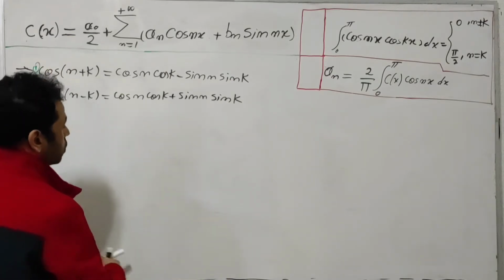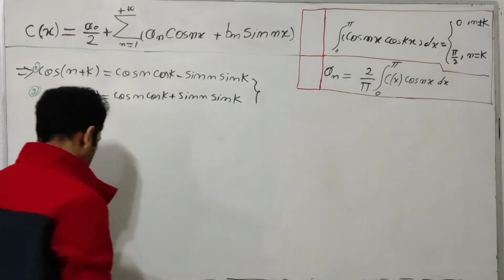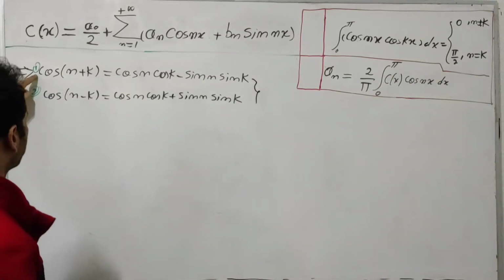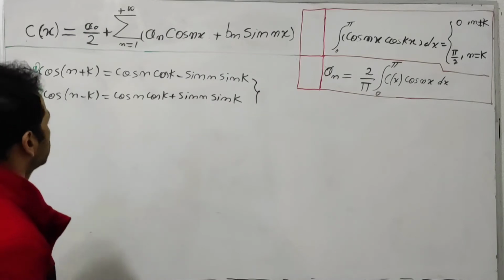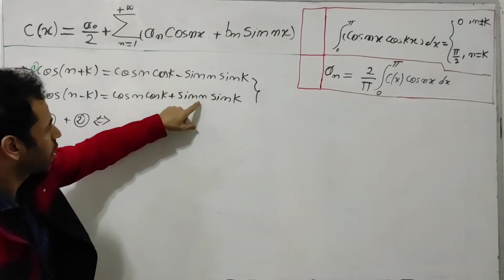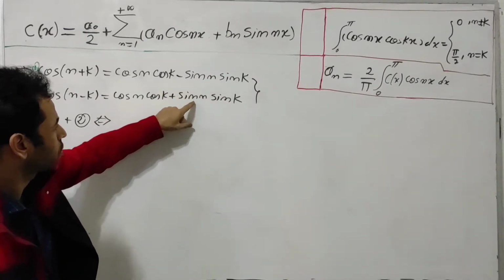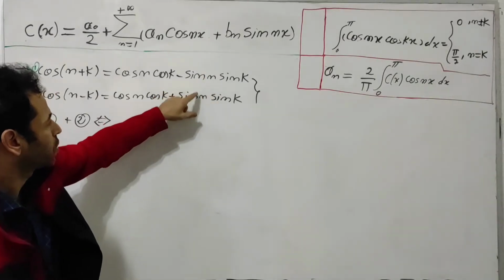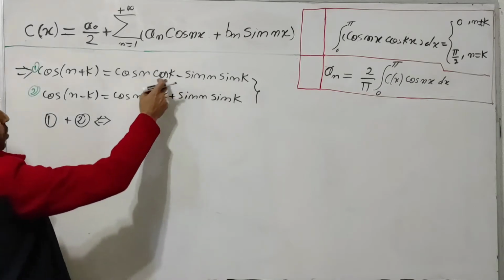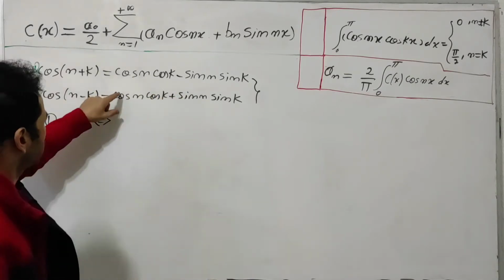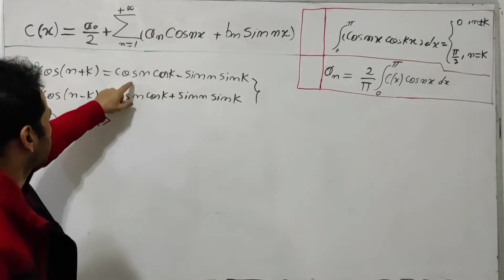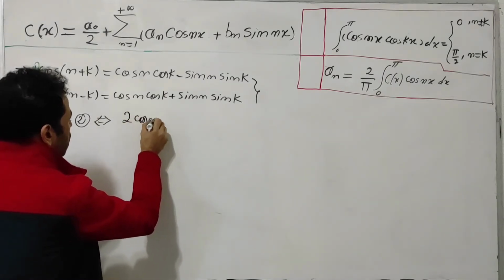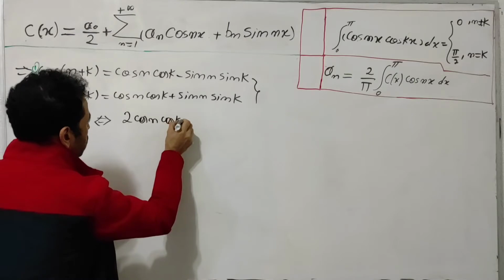So now I'm just going to add equation number 1 to equation number 2 to see what it gives us. The last term will be cancelled out because we have sine n multiplied by sine k, where one is positive and the other one is negative. That means it will be 0. For the second one, cosine n cosine k, I have 2 times this one, so 2 times cosine n multiplied by cosine k.